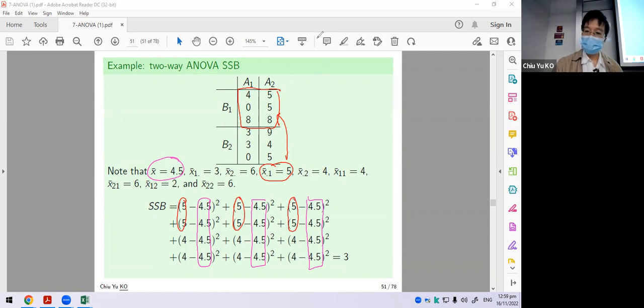And we also replace this by its column average, which is 2, so it's 4 here, 4 here, 4 here. Is that clear how we do it? Basically you replace everything by the row average and do the same as you do for SST, the same as you do standard variance. Is that clear?